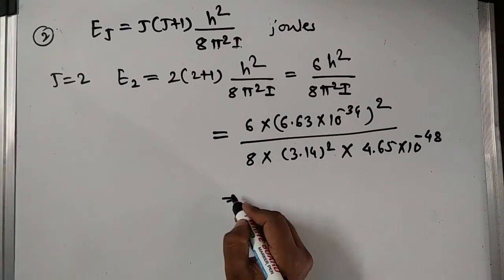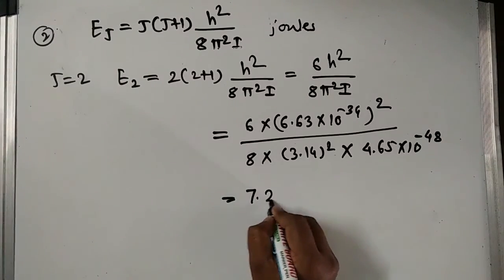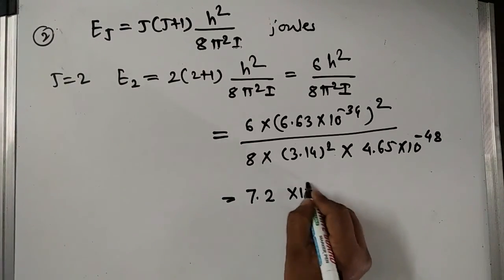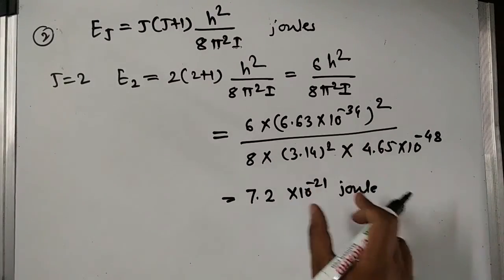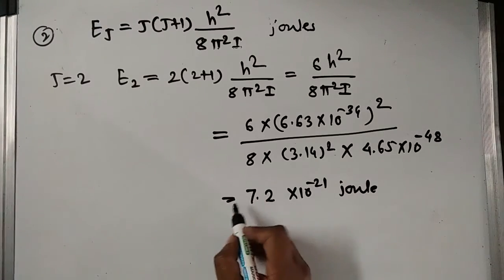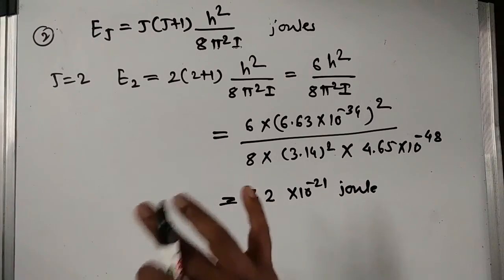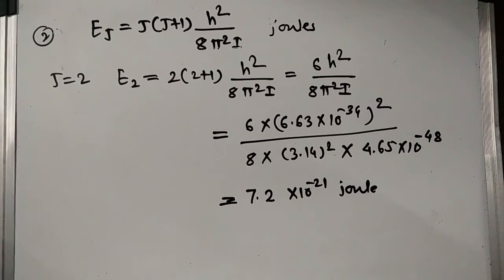If you calculate this value, it comes out to be 7.2 into 10 raised to minus 21 joule. You can do the calculation and reach this value. So we have calculated the first two rotational energy levels for the diatomic molecule.